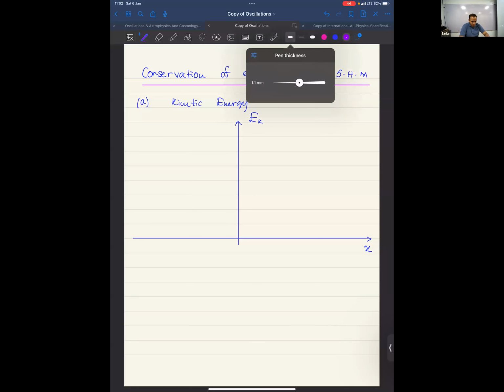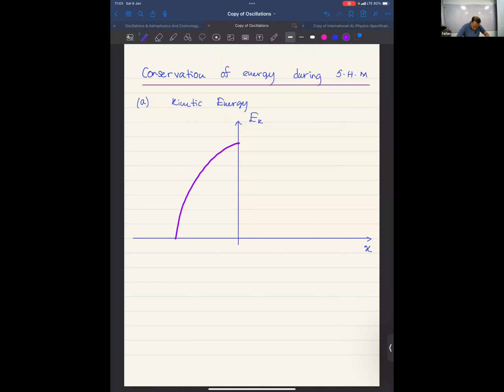So if I sketch a graph of kinetic energy versus displacement, at the equilibrium point kinetic energy will be maximum. At the amplitude, speed is 0, so the kinetic energy is 0. So it will be a graph like this, with a parabolic shape.